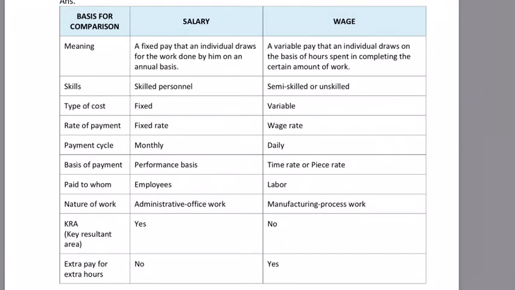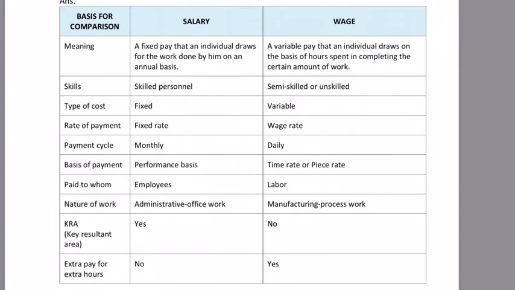Okay, they are not always in the permanent roles of the company. Salary is drawn usually by skilled or white collar personnel, whereas wage is drawn by semi-skilled or many times unskilled workers also. The salary cost is usually fixed. The wage cost is usually variable because it depends on work.